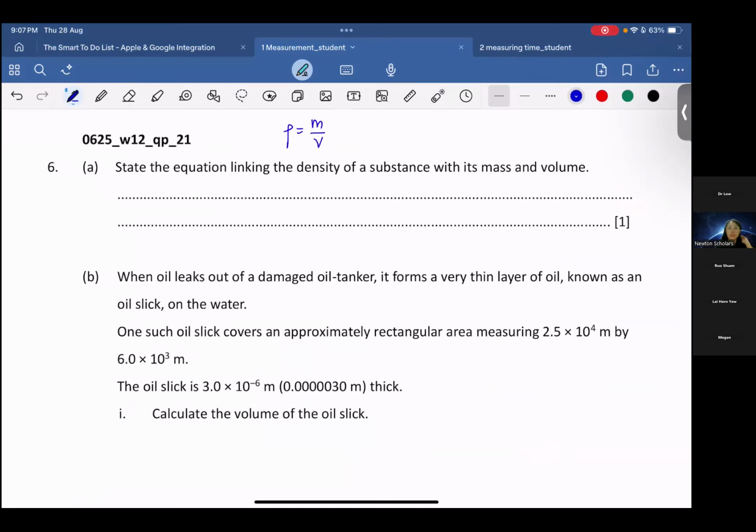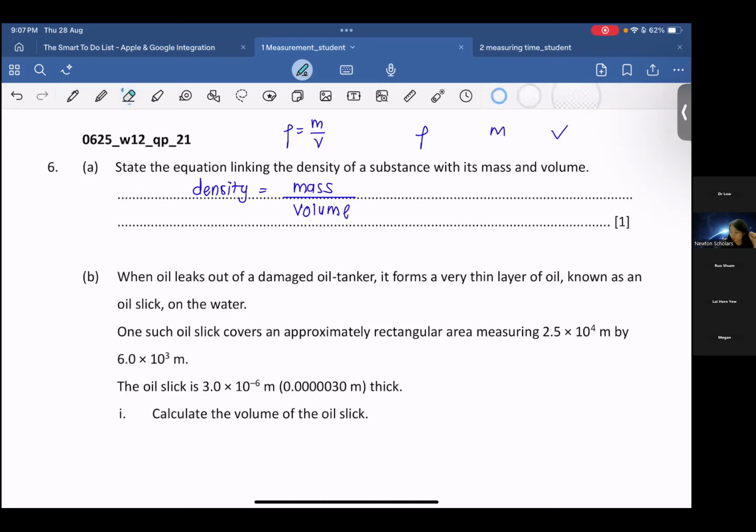If you write this, the examiner doesn't know which symbol you want to tell us. What is this symbol? So for this kind of question, we need to use words. For example, we say density equals to mass divided by volume.